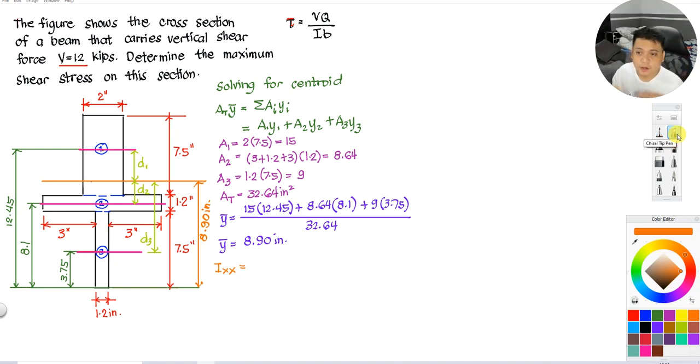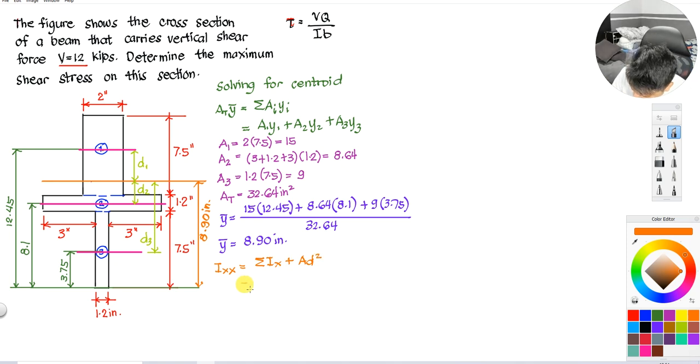Ibig sabihin, compose siya ng iba't ibang cross-section. So, unahin natin. Ang formula natin, di ba, summation tayo ng IX plus AD squared or AY squared. So, distance na lang kasi ang ginamit ko.